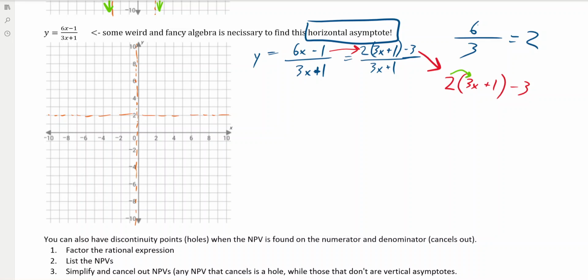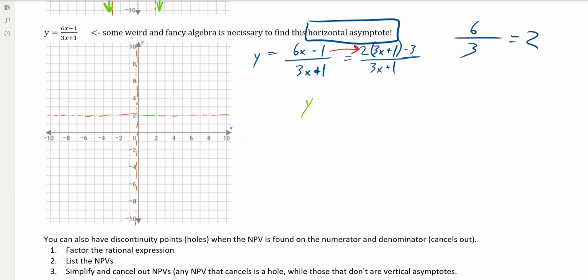It's really weird, I'll give you that. So it's 6x plus 2 minus 3, so 6x minus 1. You can see how those are the same two equations. Okay, so pretty wacky here, but hopefully you can see how that actually works.